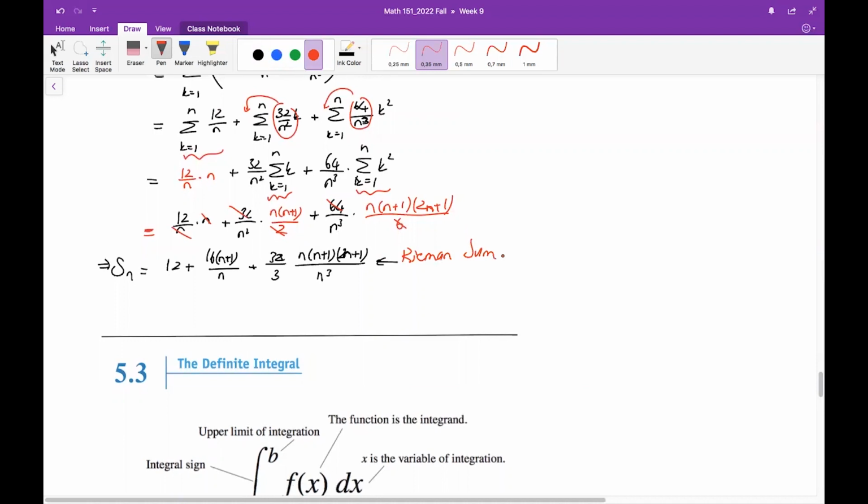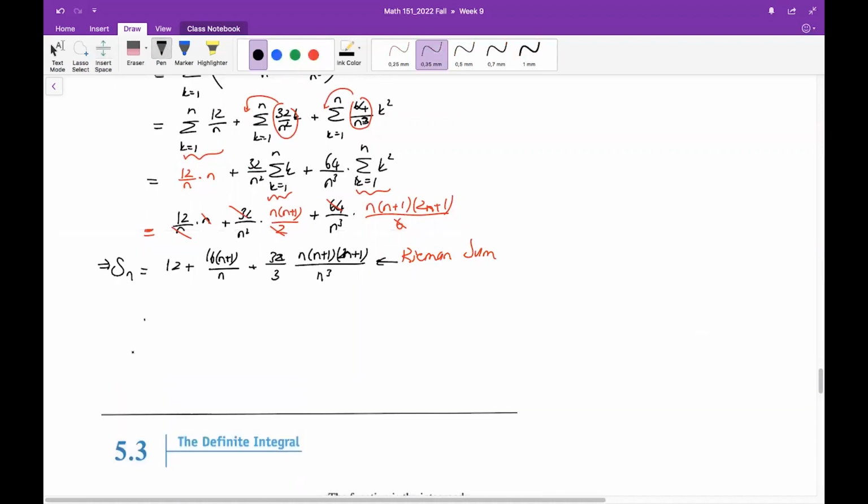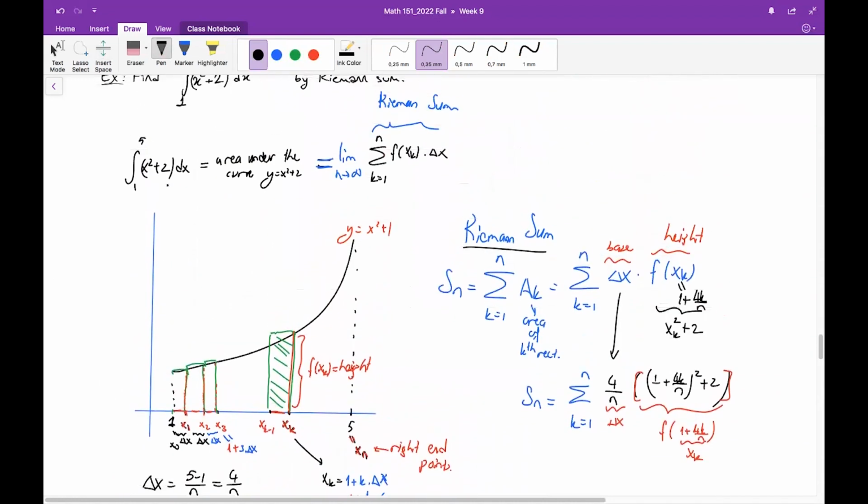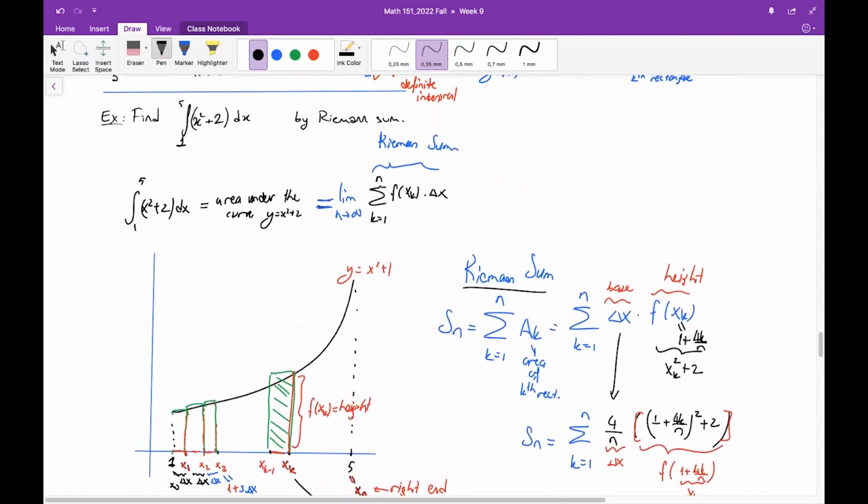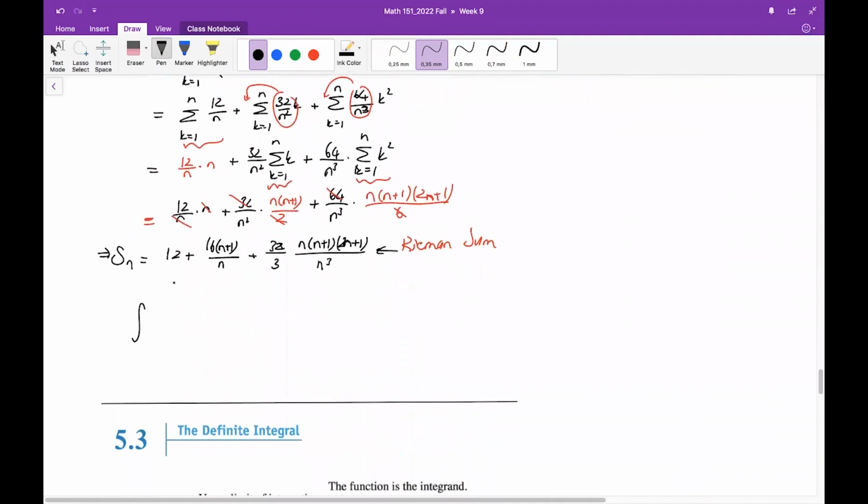And now we are ready to take the limit of it to find the result of the definite integral. Remember, we were searching for the result of this definite integral, which is given by the limit as n goes to infinity of that Sn thing of the Riemann sum.